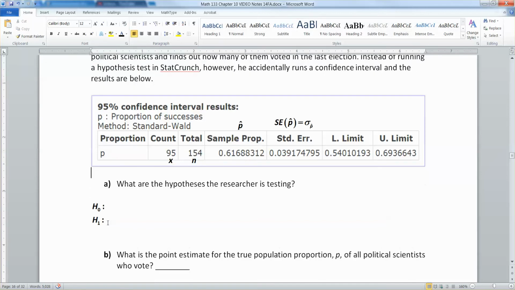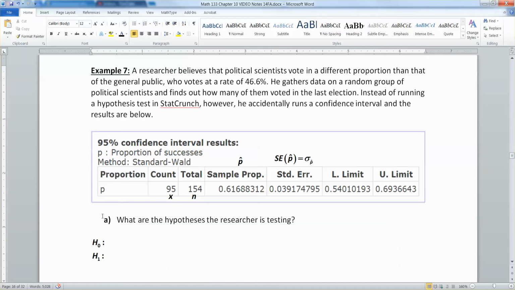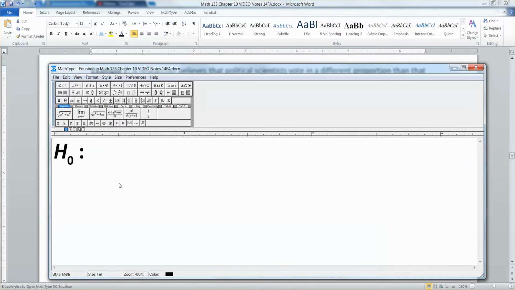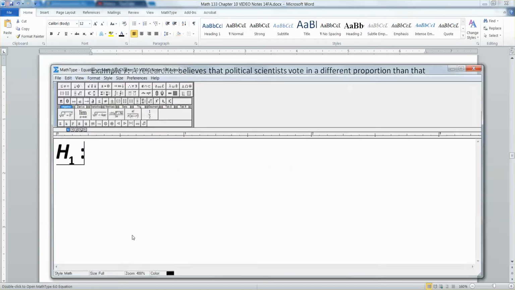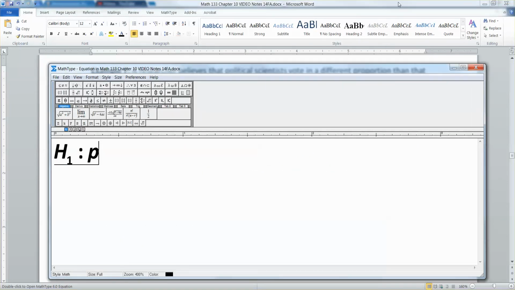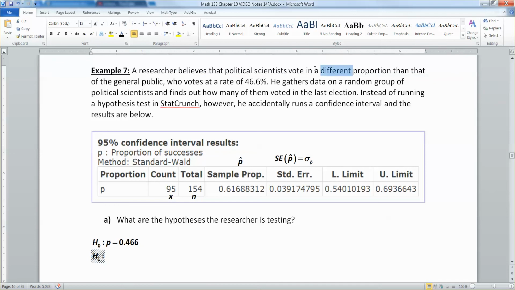All right, so what are the hypotheses the researcher is testing here? Well, you assume that political scientists are the same for voting percentages as everybody else. So you're going to assume that it's 0.466, that there is no difference between them and the regular public. The alternative to that is that P is, now we got to look. They use the word different.